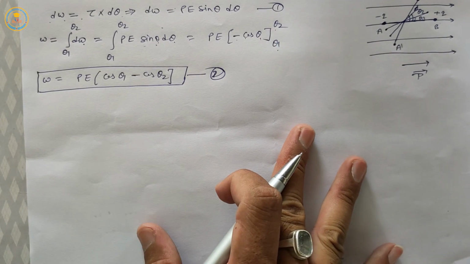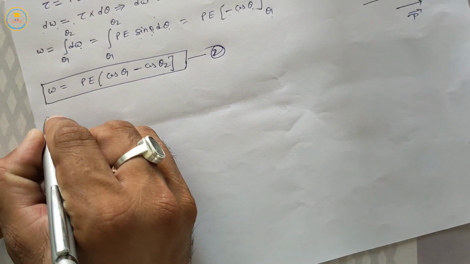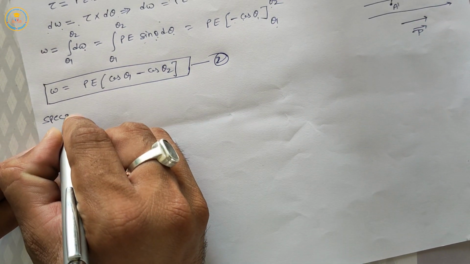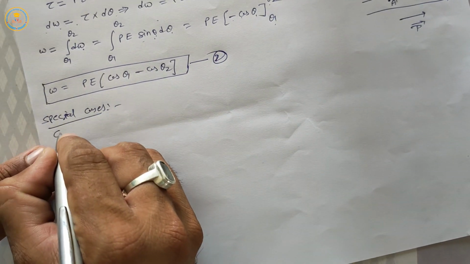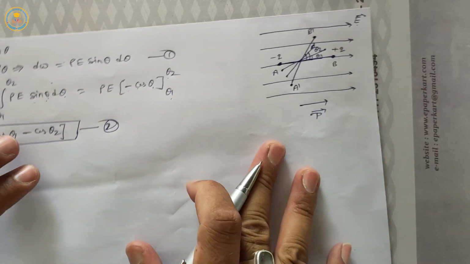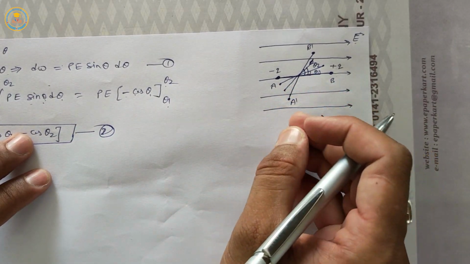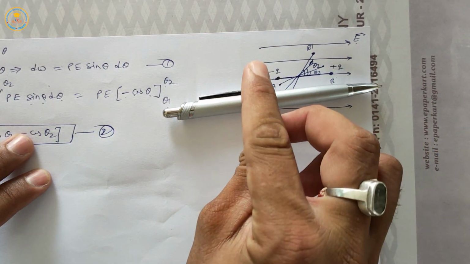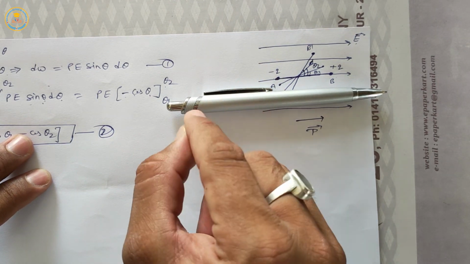Now here are some special cases. Case first: if the dipole is rotated from stable equilibrium to any position theta, firstly the dipole is here, in stable equilibrium.